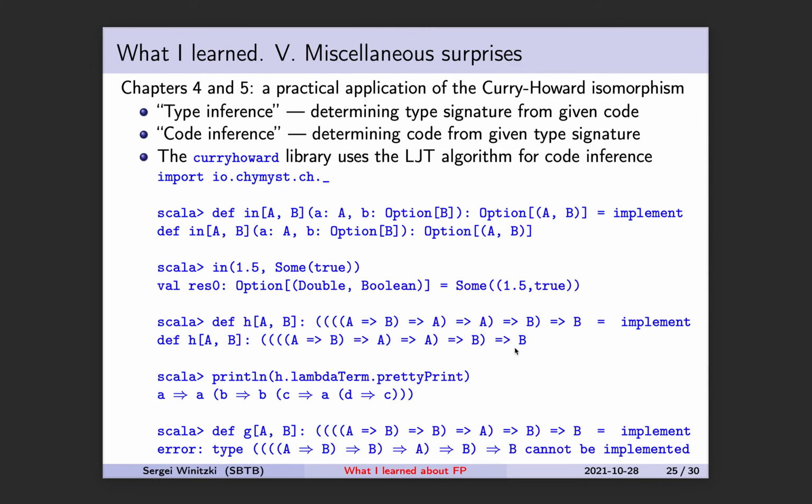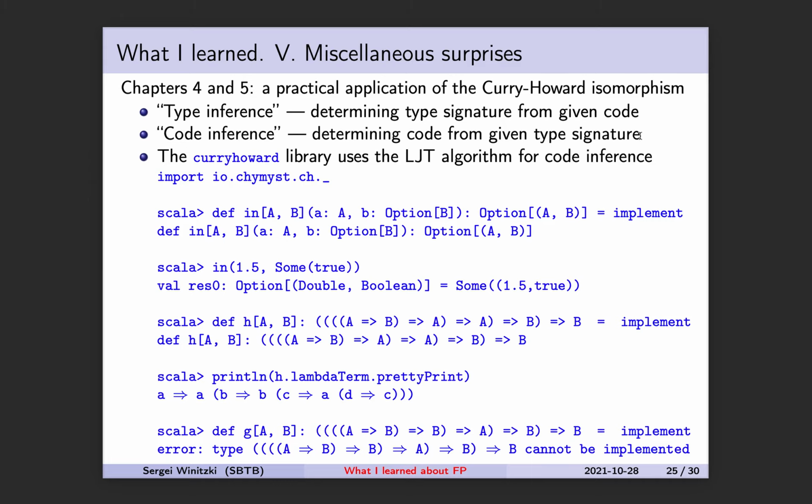In chapters 4 and 5, mostly I was concerned with understanding function types and how to derive types from code. That is what one calls type inference in functional programming. You have a piece of code and you determine a general type signature of that code. What I realized is that there is symmetrically code inference, determining code from type.